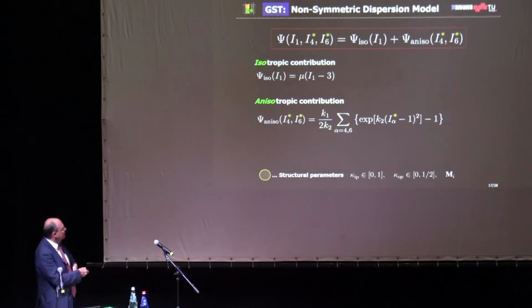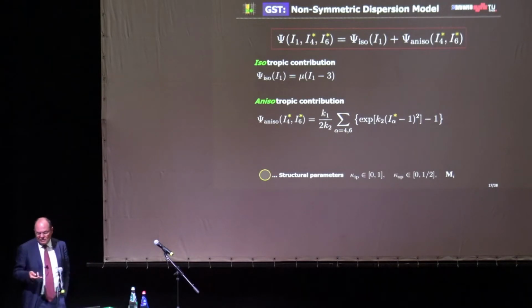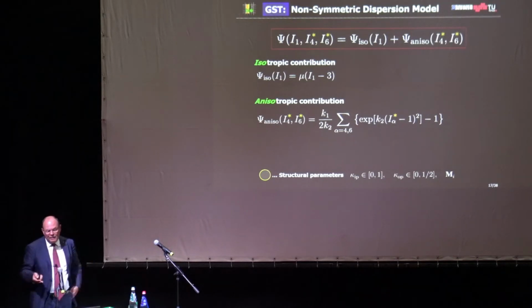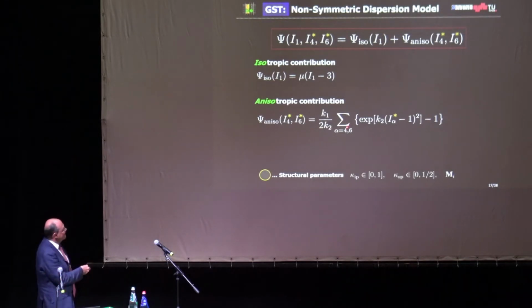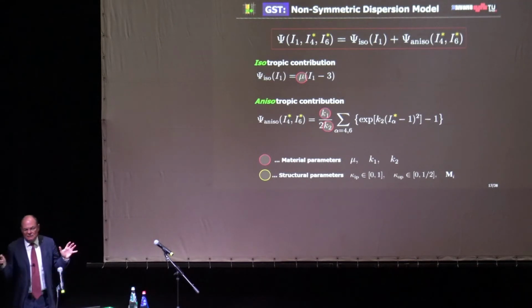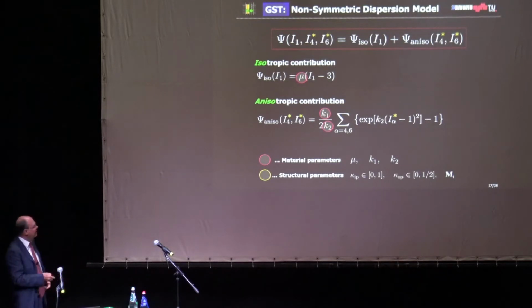It makes sense to use an exponential function, which goes back to Fung. Fung was the first who described, in a paper in 1967, that the stiffening of soft biological tissue follows an exponential function, K2 times I alpha star, and alpha is 4 and 6. You see, and you have additional parameters here, namely mu, K1, and K2. That's it. That's the mechanics. So you have 3 parameters for the mechanics, and you have 2 dispersion parameters plus the mean direction.